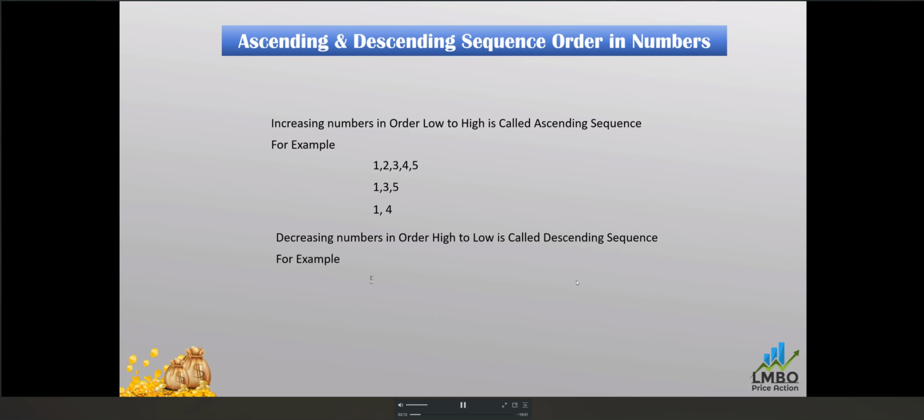For example, 5, 4, 3, 2, 1, or 5, 3, 1, or 4, 1. You need to keep in mind which sequence buyers use when they increase momentum, and which sequence they use when they decrease momentum. There are only two sequences, ascending and descending.